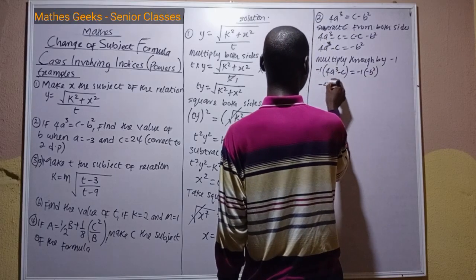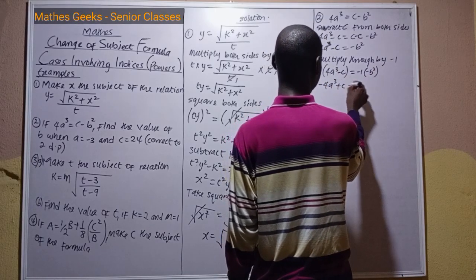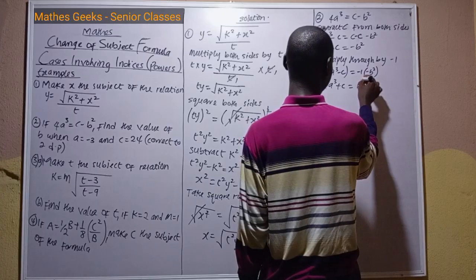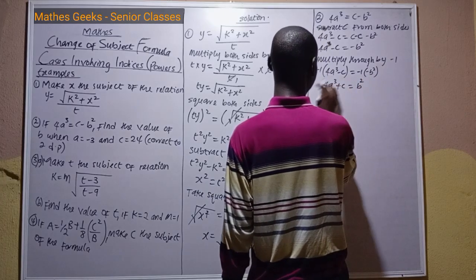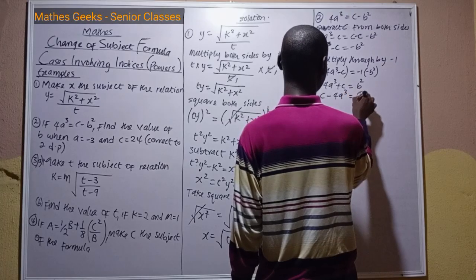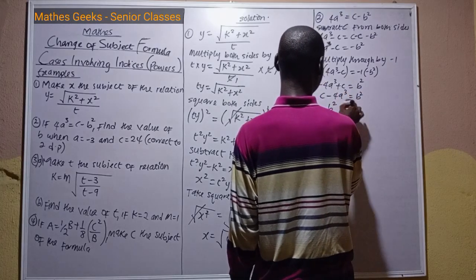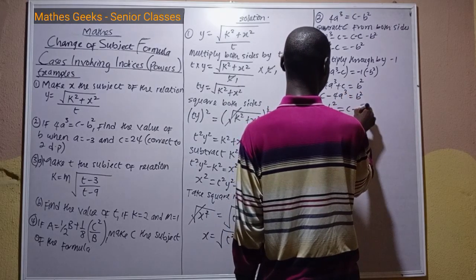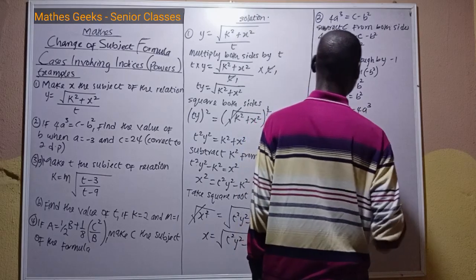So this equals minus 4a cubed plus c equals b squared. So we can write this as c minus 4a cubed equals b squared. That is, b squared is equal to c minus 4a cubed.